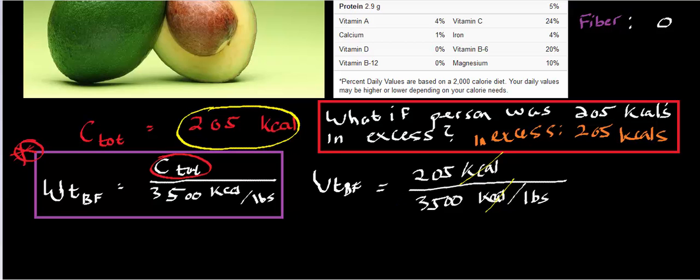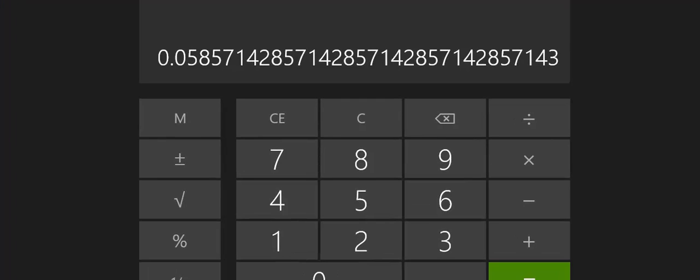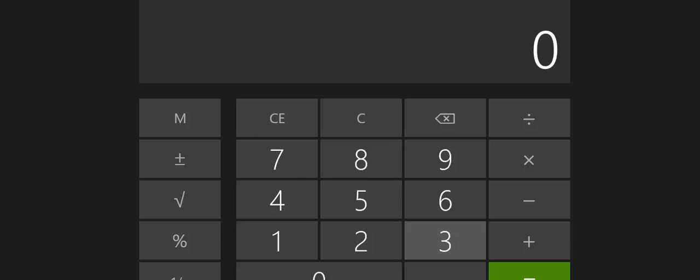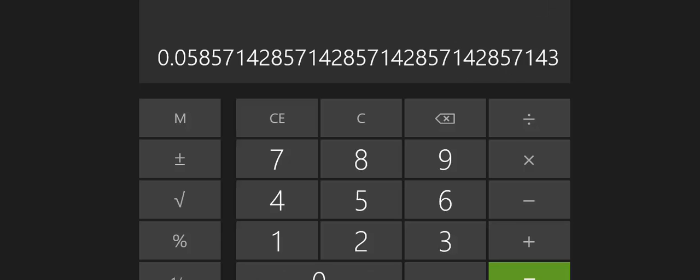Now, I can't honestly do that calculation in my head, so I'm actually going to use an online calculator. Okay? And so let me go ahead and clear this. I had actually previously done the calculation. So I had 205 kcals. I'm going to divide that by 3,500 kilocalories per pound. And notice the number I get is 0.0586.